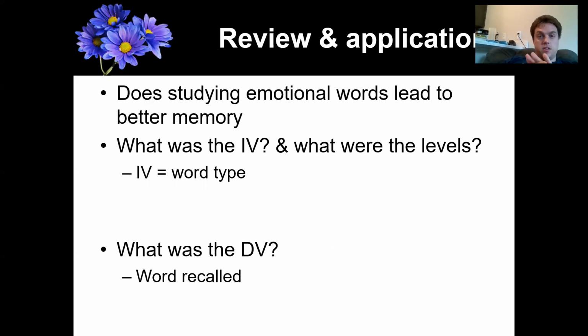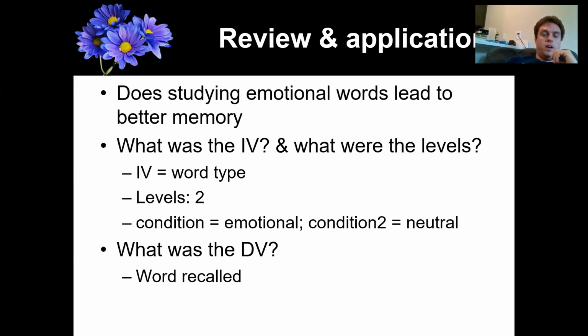What might be our hypothesis here? Well, we're going to predict that people are going to remember more emotional words than neutral words. Or you could phrase it differently: the condition or the group that studies emotional words will show more words recalled, or better memory. Actually, words recalled is better; it's more specific than those who study neutral words.